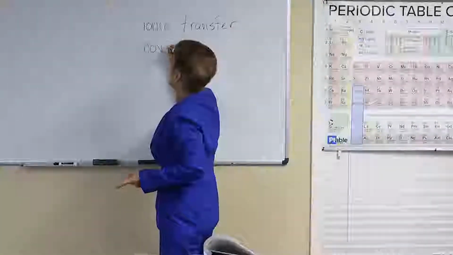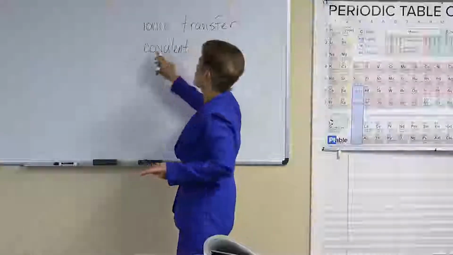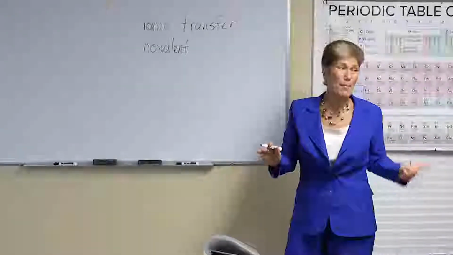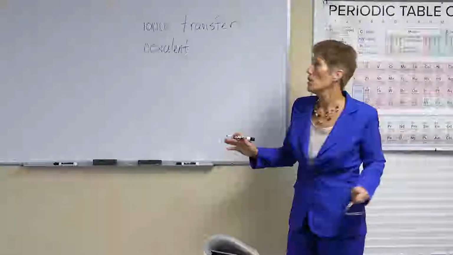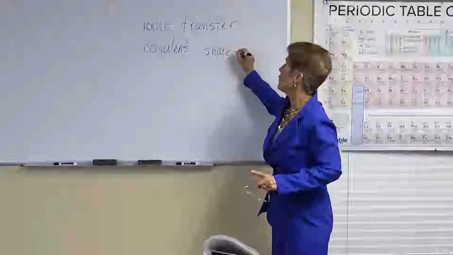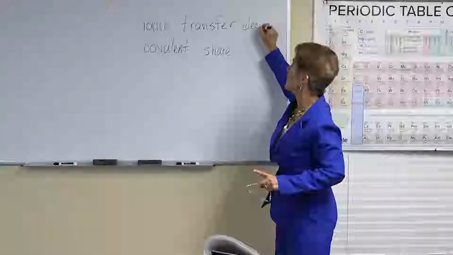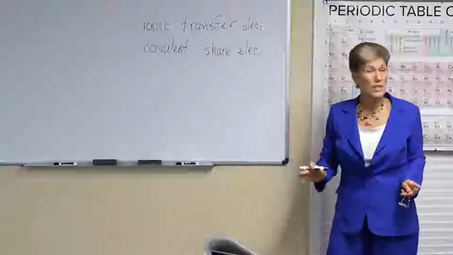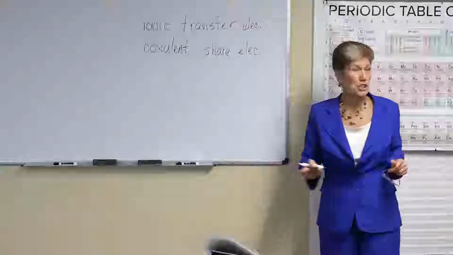Whereas covalent compounds, and you already read this, so I'm just going to say this real quickly. You already read that covalent compounds have covalent bonds in them, and that's why they're called covalent compounds. But covalent, they share electrons. So this is talking about what's happening to the electrons in both cases, okay? But ionic compounds transfer electrons and covalent compounds share electrons.